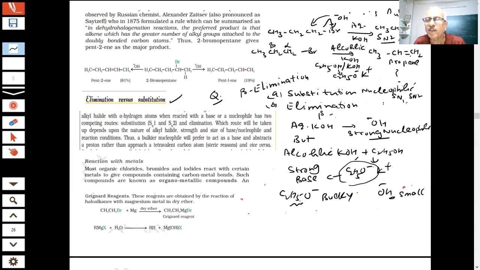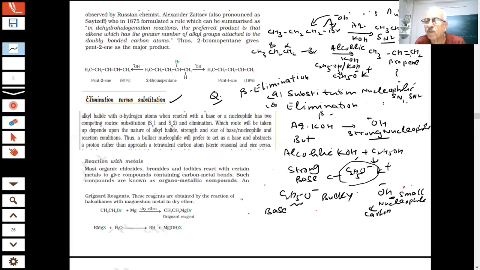It is difficult for it to go to the carbon, because the carbon is crowded and the group is bulky. It is easier for OH minus to approach the carbon because it is small, and therefore it acts as a nucleophile. A nucleophile will attack the carbon.